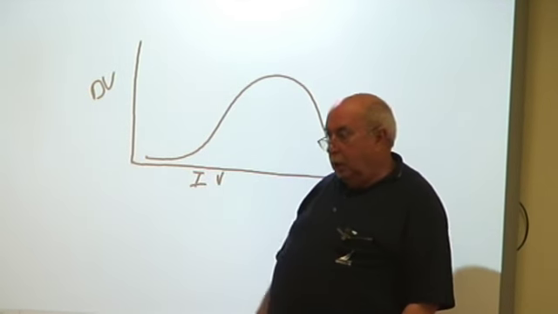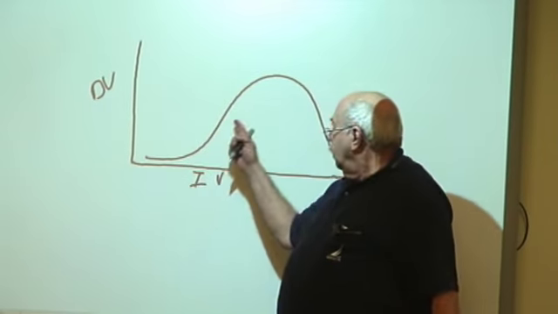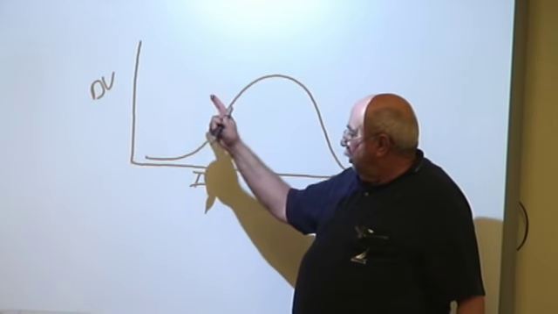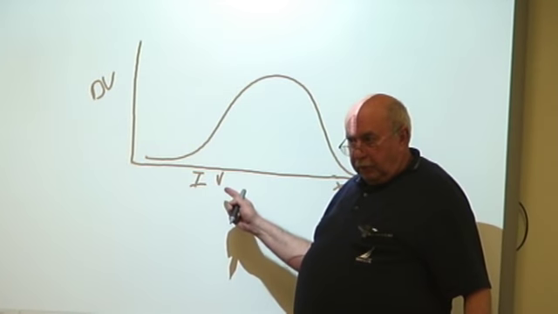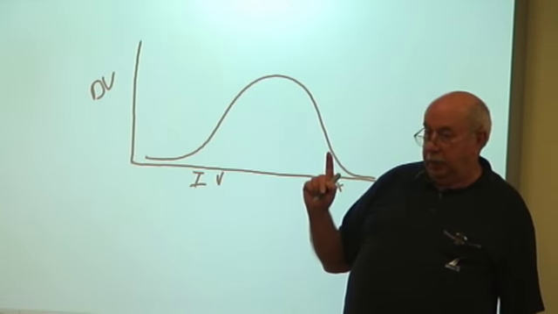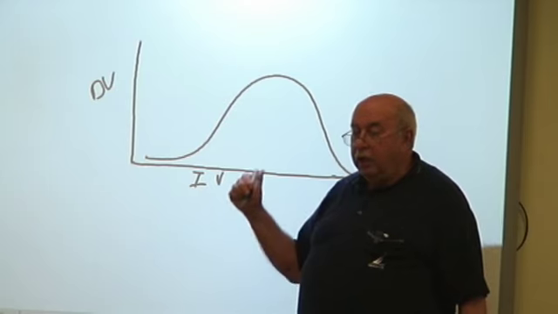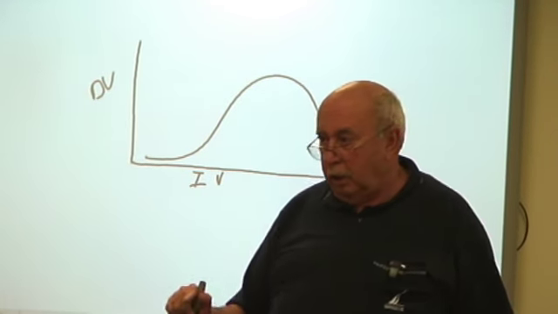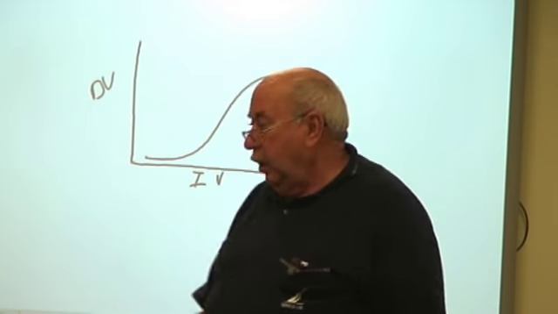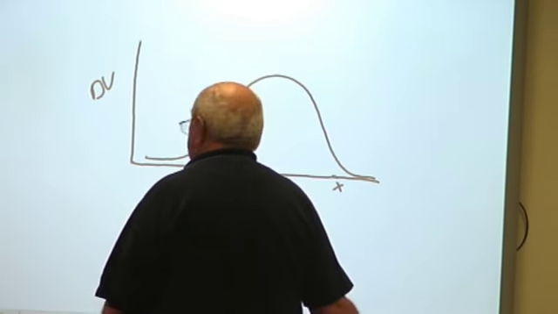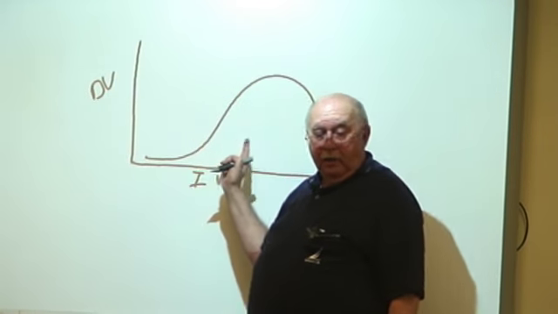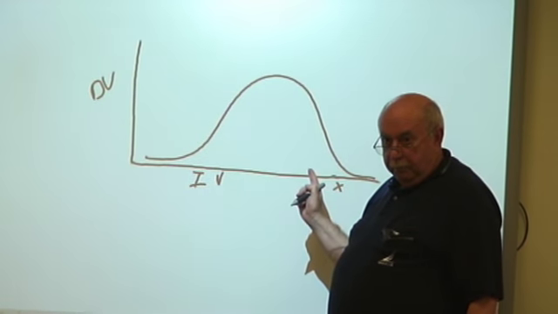Right? If I do this, what I'm saying is the shape of the curve is a function of the independent variable. The value of y depends upon the value of x. Got it?